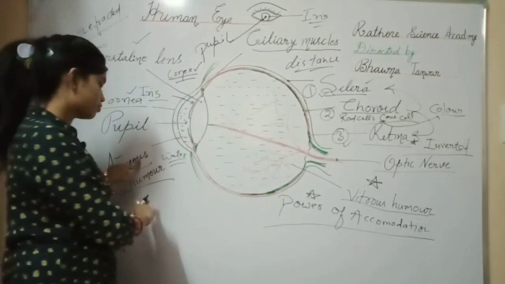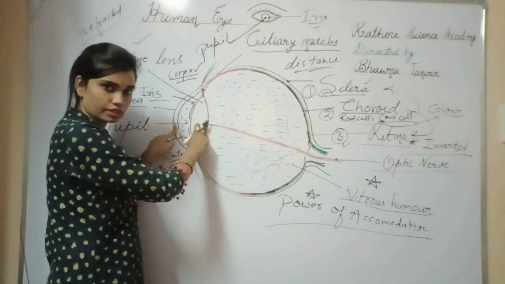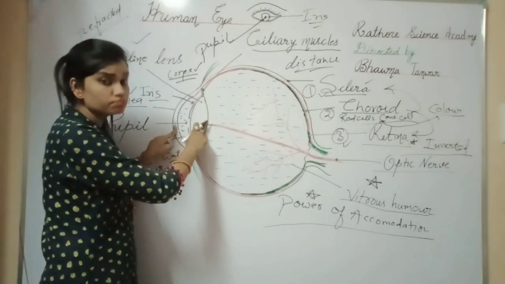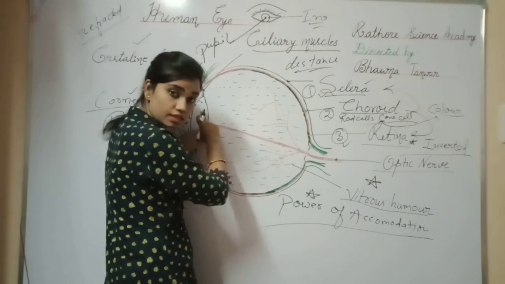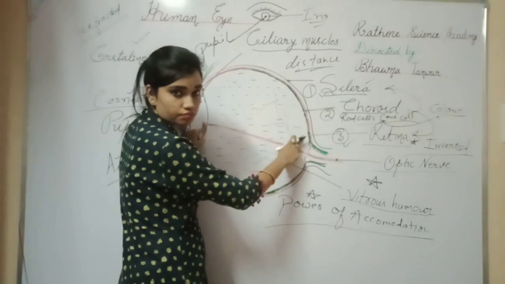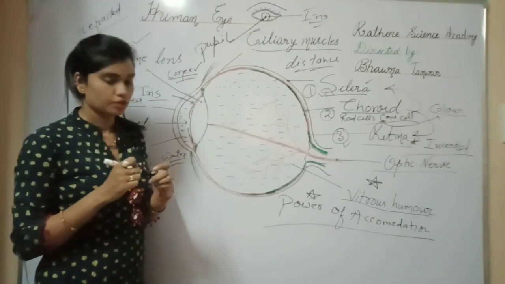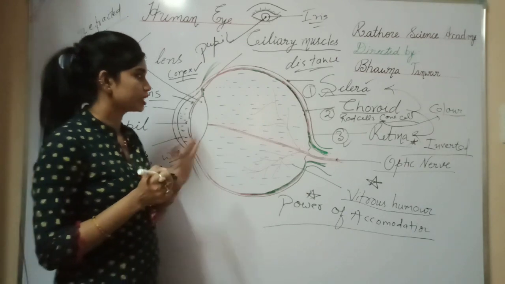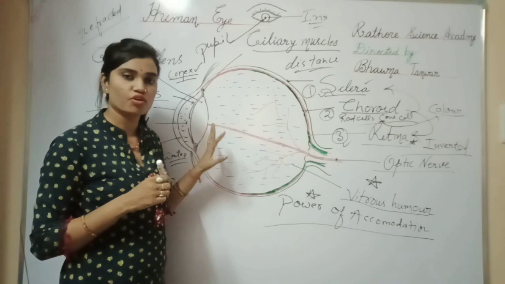Aqueous humor is between the cornea and eye lens, and protects the eye from collapsing. And the fluid present between eye lens and retina is known as vitreous humor. Vitreous humor provides the shape to the eye, or maintains the shape of the eye.